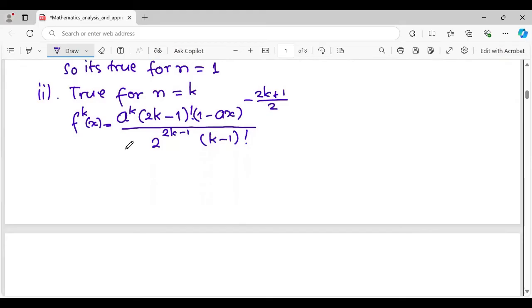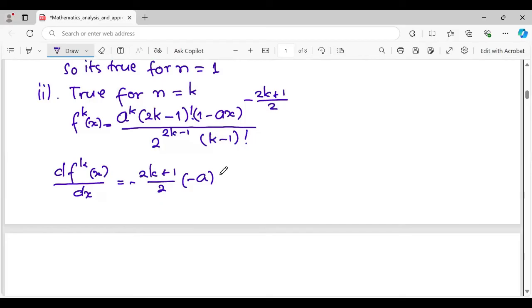So the derivative of this function is minus 2k plus 1 over 2, and then times minus a, because this is the derivative of 1 minus ax.